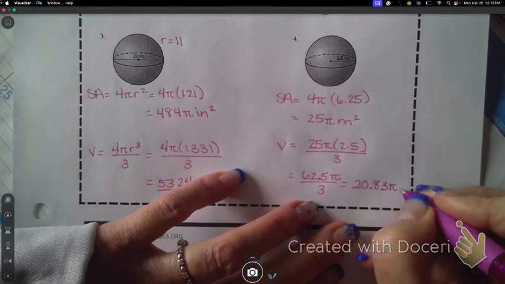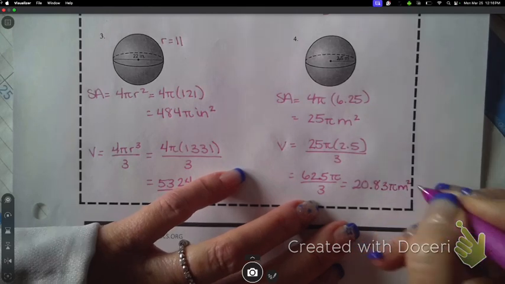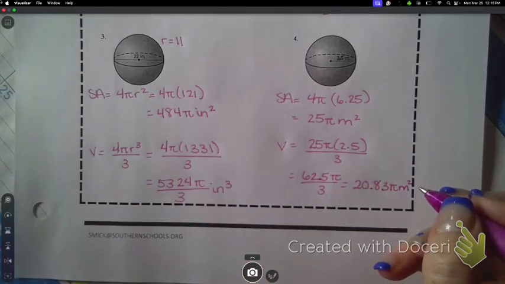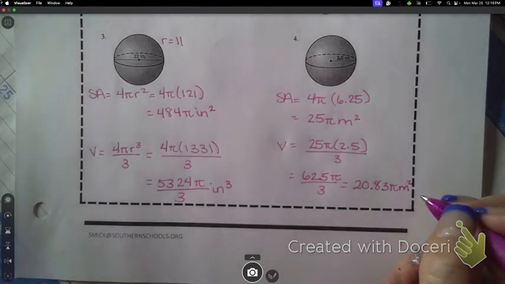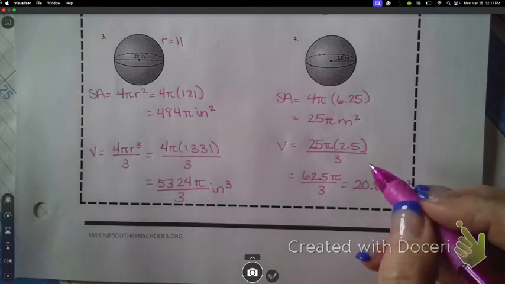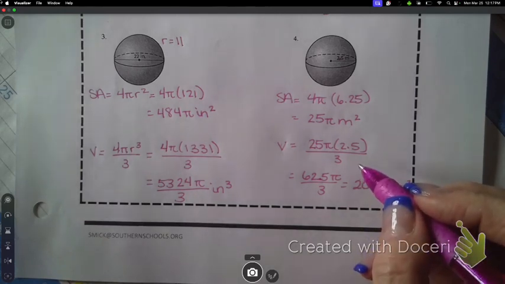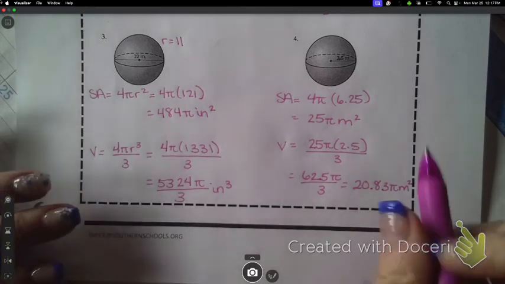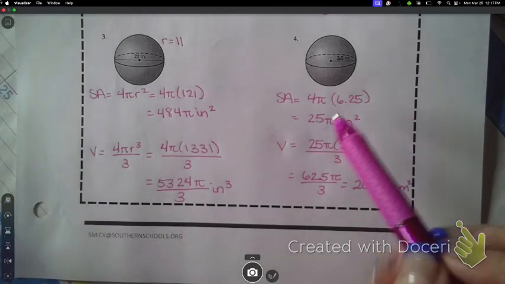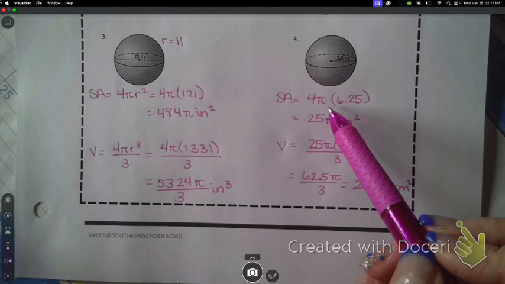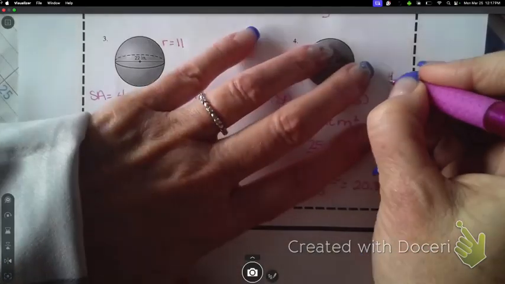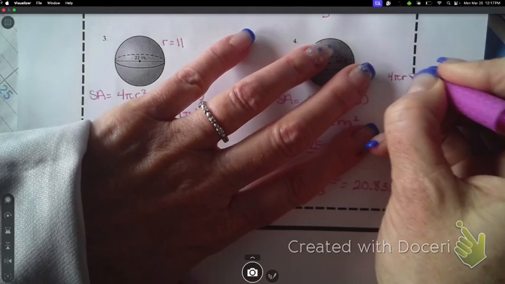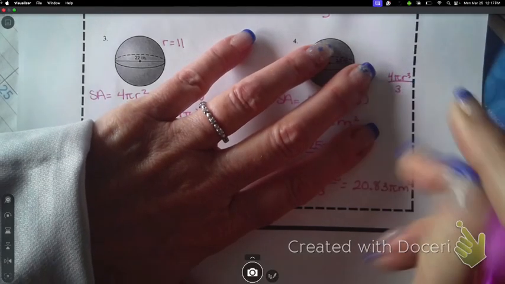Why did you take out the 4? On volume? Because I got that, and I had to multiply by 4, I thought. Okay. So what I did, because I knew that I was going to have to, because this is area, volume is that, right?